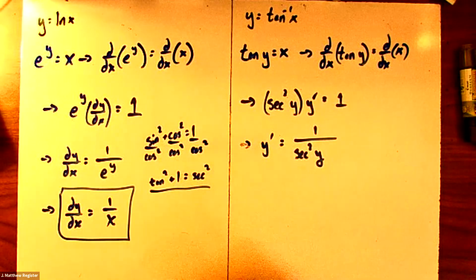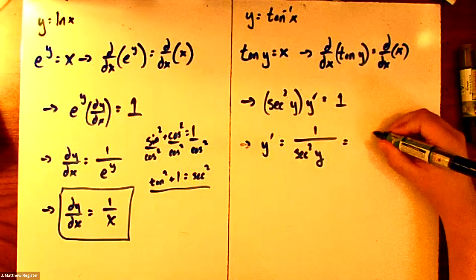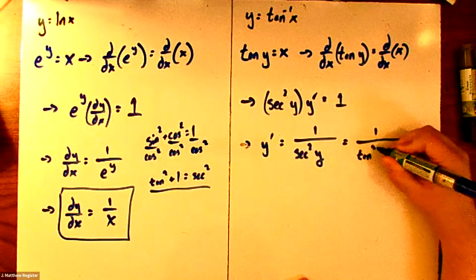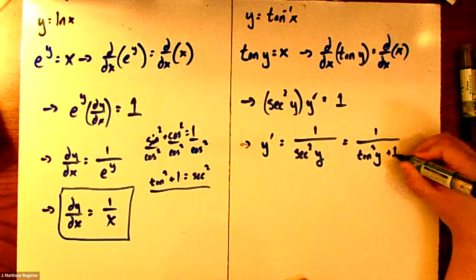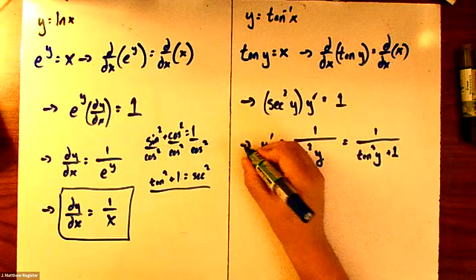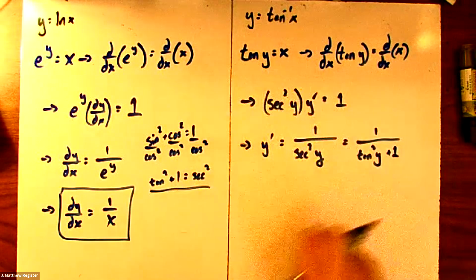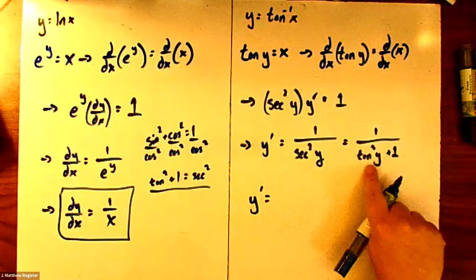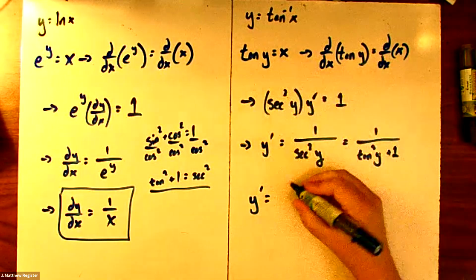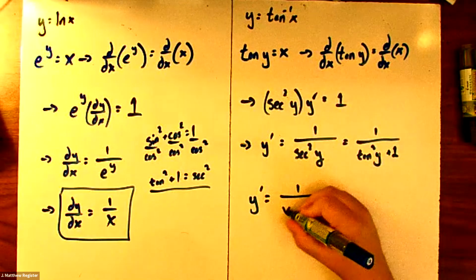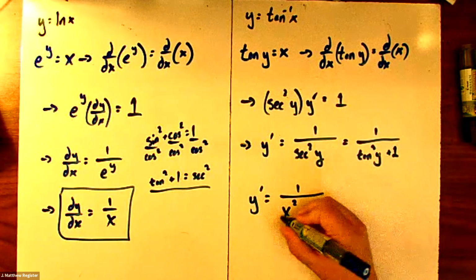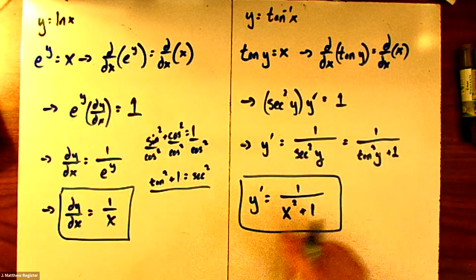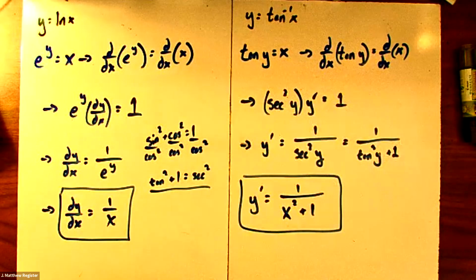That means that secant squared of y can be rewritten as 1 over tangent squared of y plus 1. And now we've got our tangent. And so y prime is equal to 1 over x squared plus 1. And that is the derivative of the arctangent.